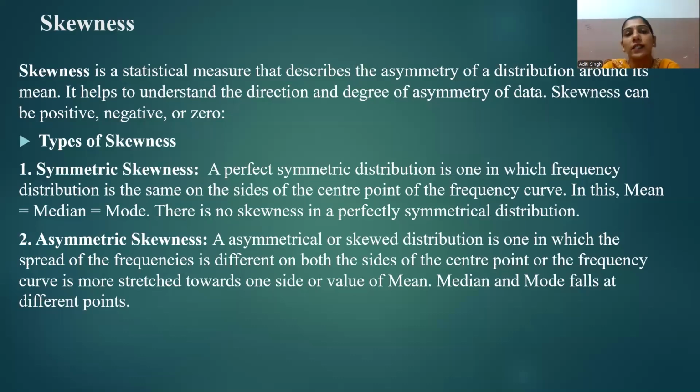Or more precisely, you can say the lack of symmetry of the tails, both left and right, of the frequency curve. A distribution, or a data set, is symmetric if it looks the same on the left side and on the right side of the central point.